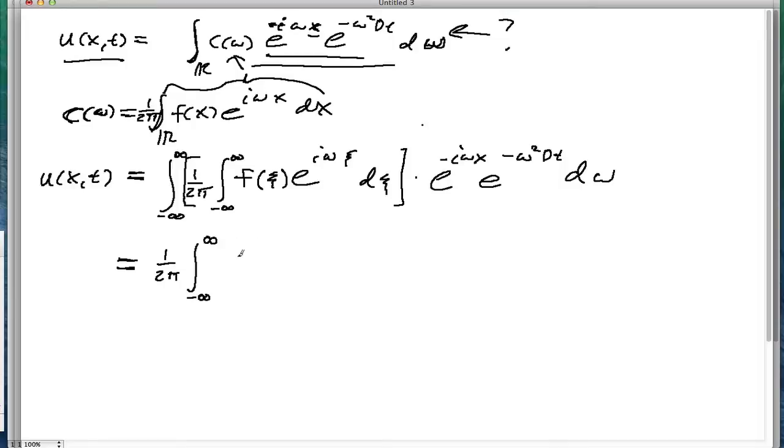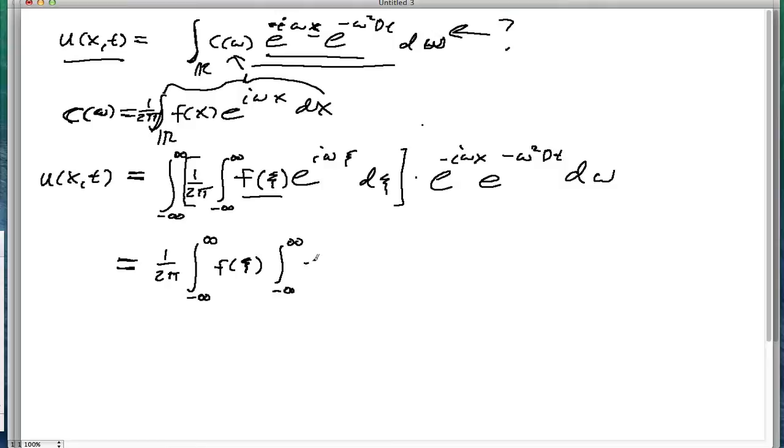And now what I'm going to do is actually switch around and put the omega integral inside as much as I can. So I'm going to bring this c thing, because this is a function that doesn't have any omegas in it. And then everything with an omega in it has to go inside of this other integral here.